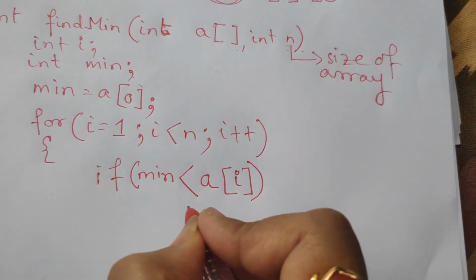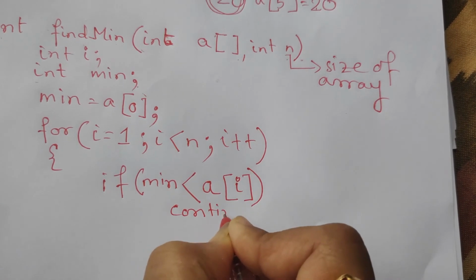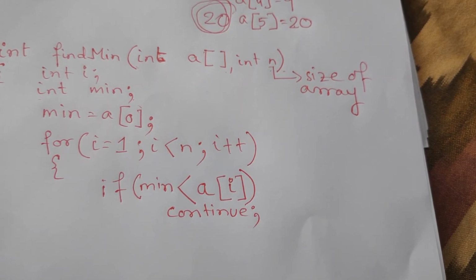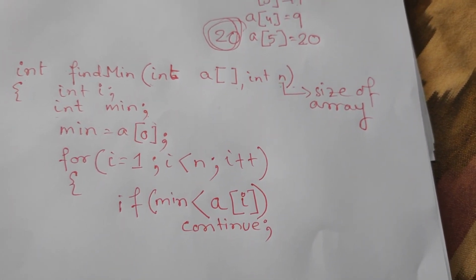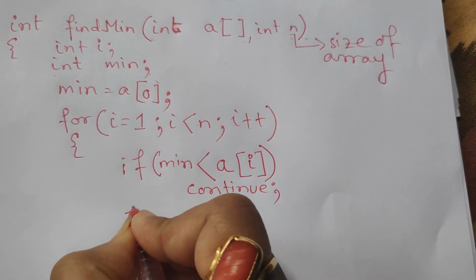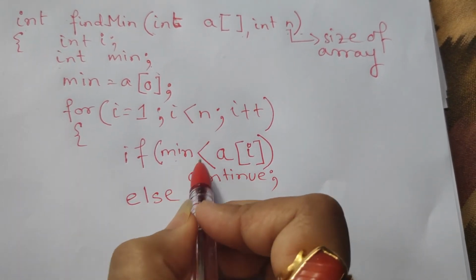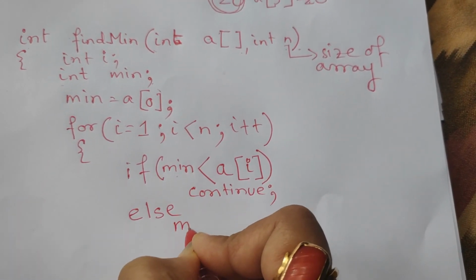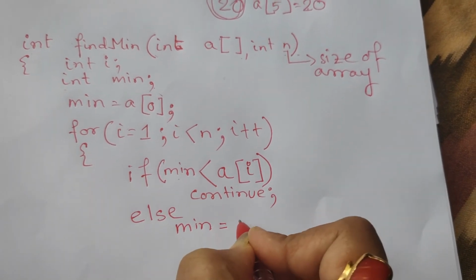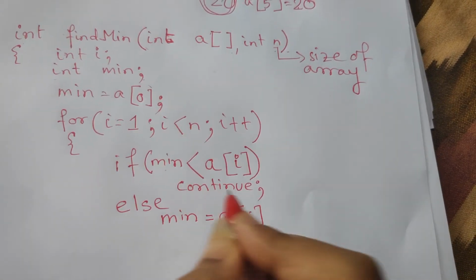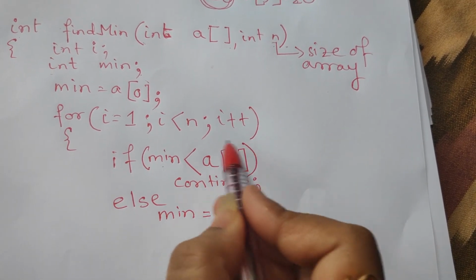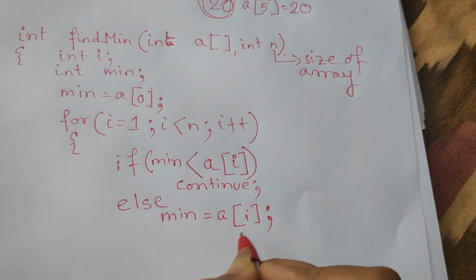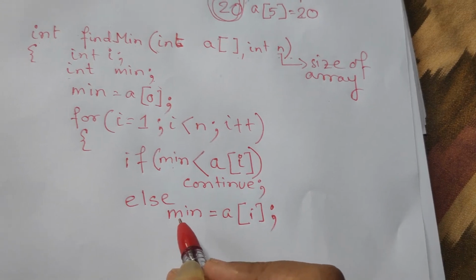If minimum is less than A[i], then we will continue the loop because we don't have anything to do. Else, if minimum is not less than A[i], then we will come to the else part. In this else part, we will make minimum equal to A[i]. Why? Because if minimum is not less than A[i], that means A[i] is the newly found minimum. So we will assign the newly found minimum to the minimum variable.